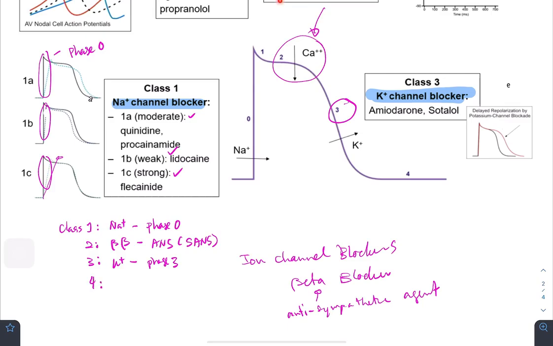And class 4 would be your famous calcium channel blocker, and that would affect your phase 2, including the phase found in the nodal cells, including the calcium phase in the nodal cells.